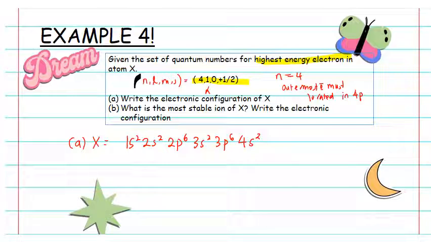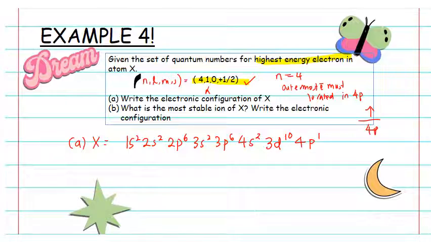Tak, before 4p kena lalu dahulu 3d, so dia mesti ada 3d10 and then ending baru dengan 4p1, sebab bagi highest energy electron tu quantum numbers dia set tu dia bagi satu set saja. Satu set saja is mean pada 4p hanya ada satu electrons. Okay.